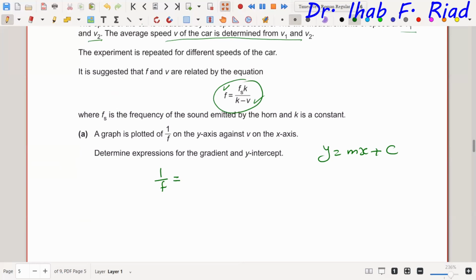We make it 1 over F. We make the inverse. So what should we do to the right side? We should make it K minus V over Fs K.